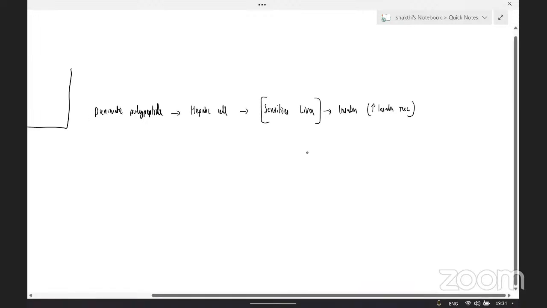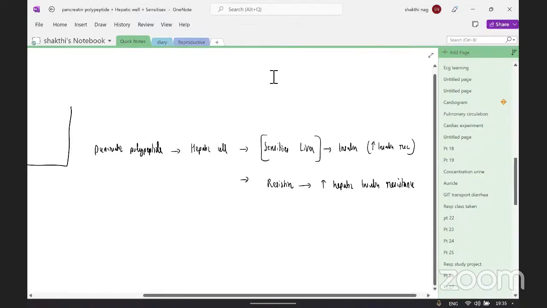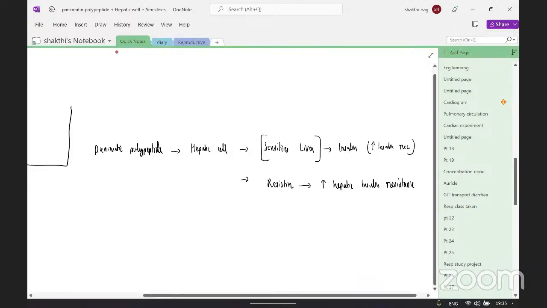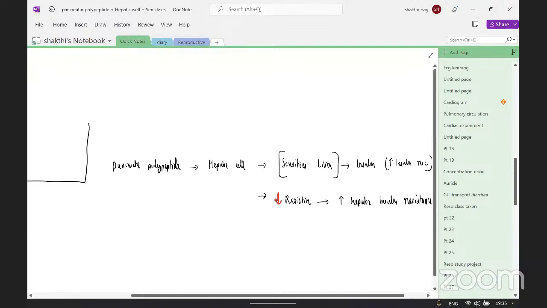Also, another thing it does is there is a hormone called resistin. This resistin generally increases your hepatic insulin resistance. So the ability of pancreatic polypeptide to inhibit this is something that happens.